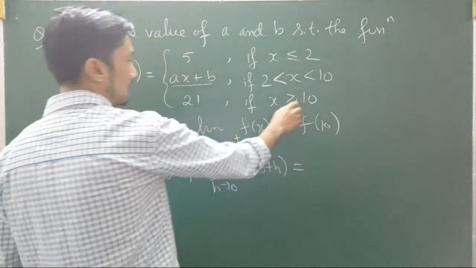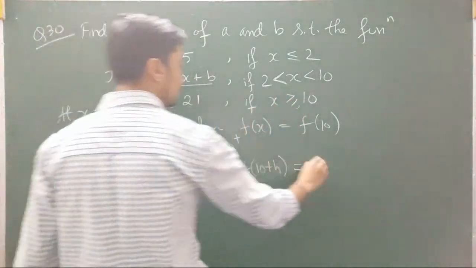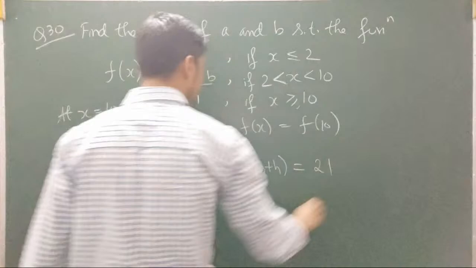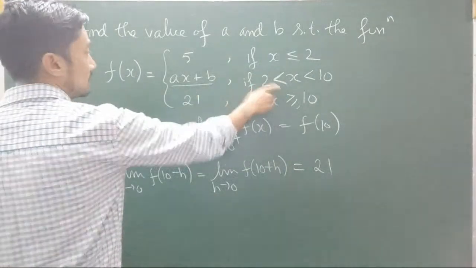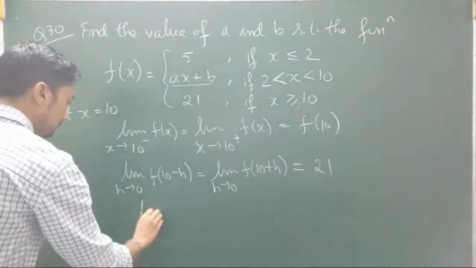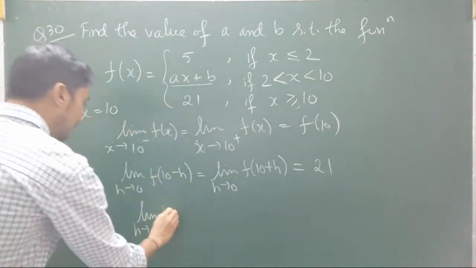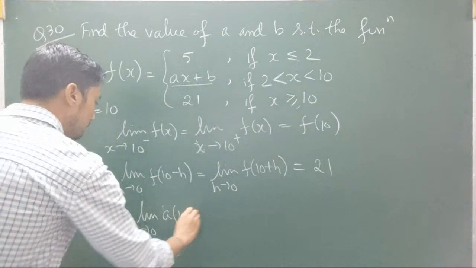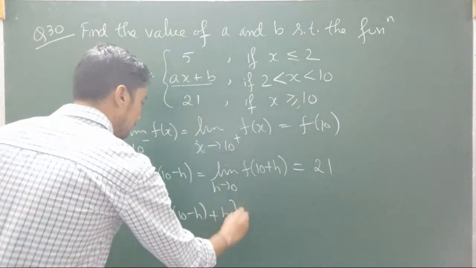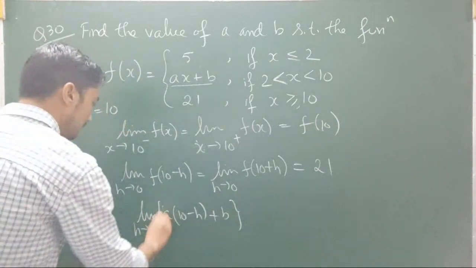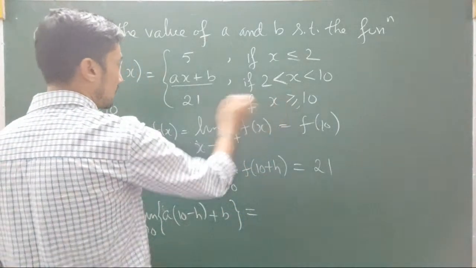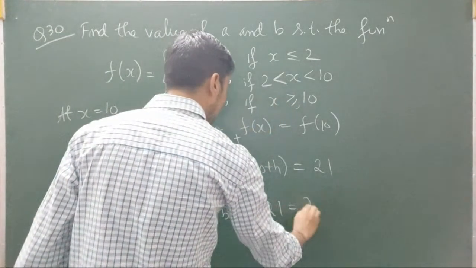f of 10, x equal to 10. Less than 10 is this one, again a into x plus b. Greater than 10, again 21. This is also 21.